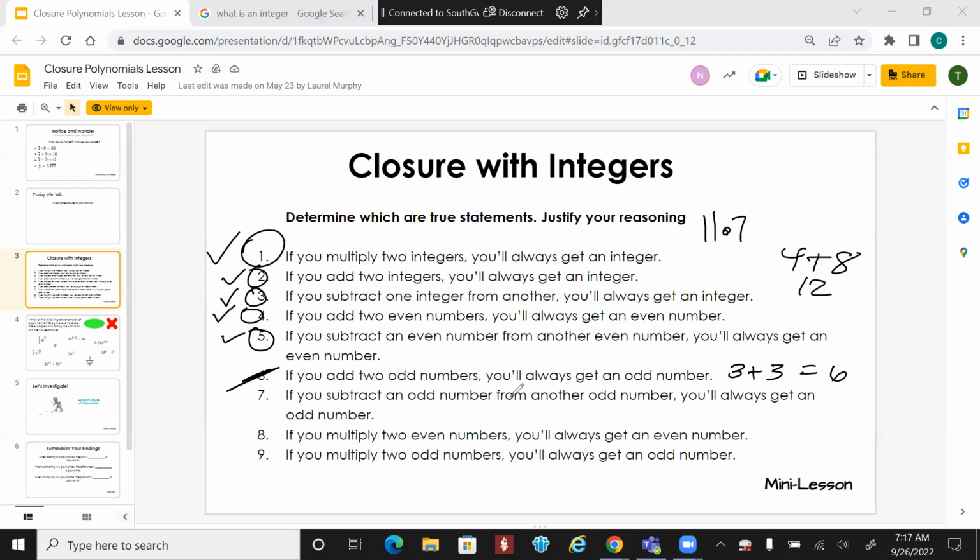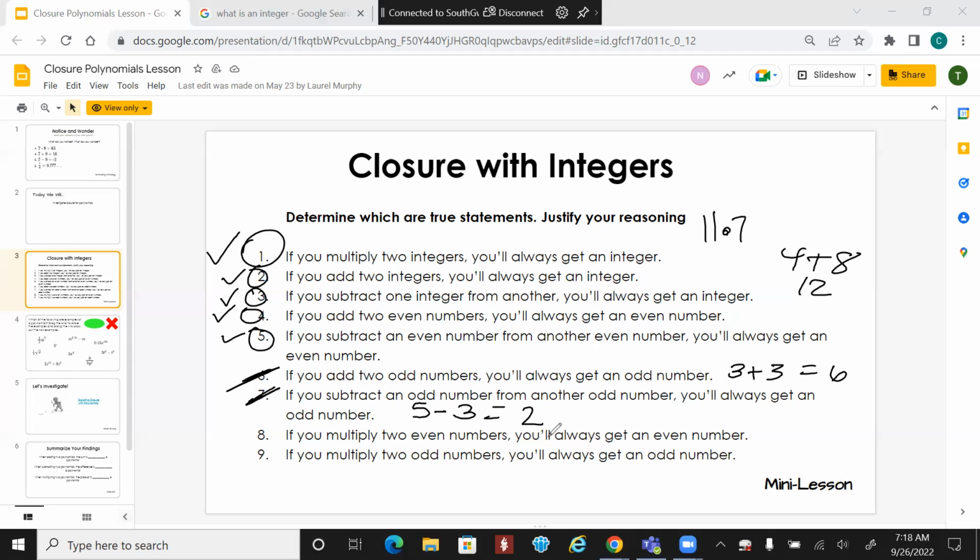If you subtract an odd number from another odd number, you'll always get an odd number. Okay, so if we take an odd number and subtract an odd number, 5 minus 3 gives me, and that's not an odd number, so that doesn't work. If you multiply 2 even numbers, you'll always get an even number. Yeah?